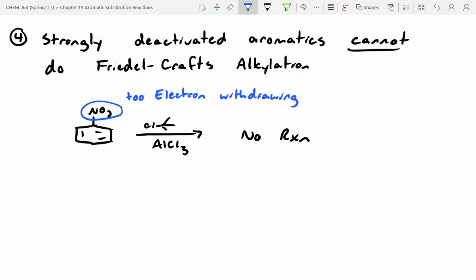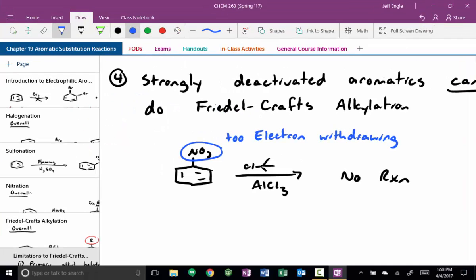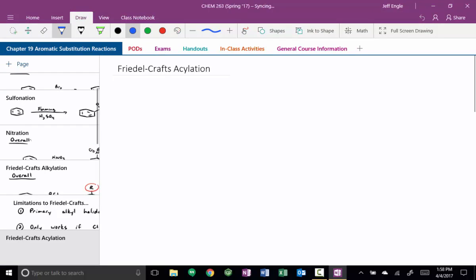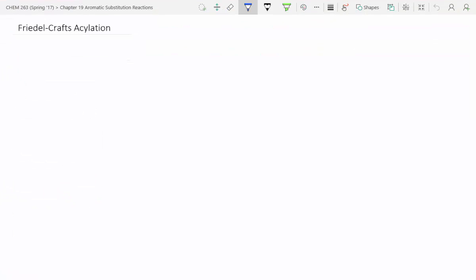Okay, there's one other Friedel-Crafts reaction. It's similar, but this is an acylation instead of an alkylation. Again, we'll do the overall reaction, and then we'll do the mechanism in a second.